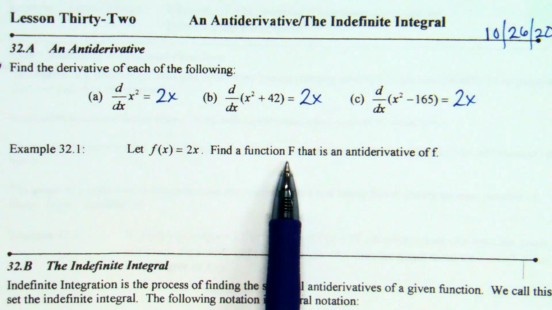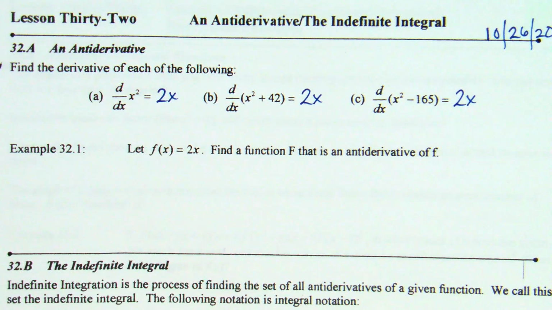So antiderivative means you're reversing your process. Instead of moving your power out front and subtracting 1 from your power, you need to reverse that. So we're adding 1 to the exponent.